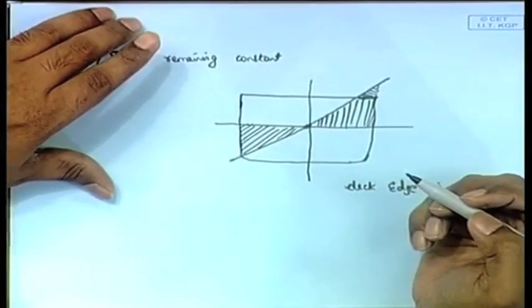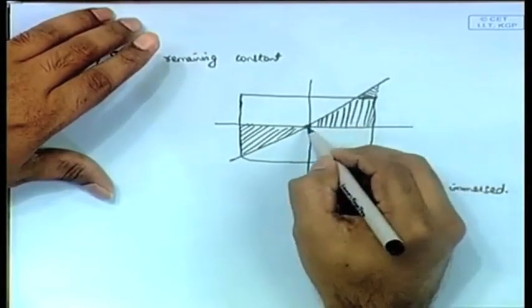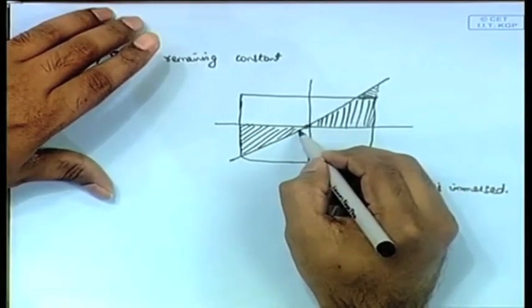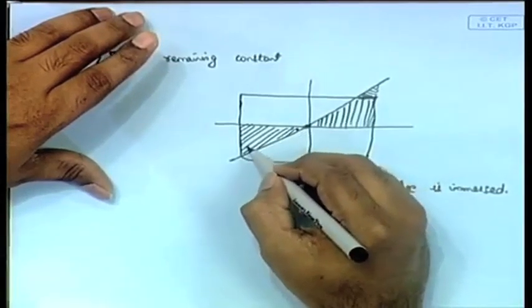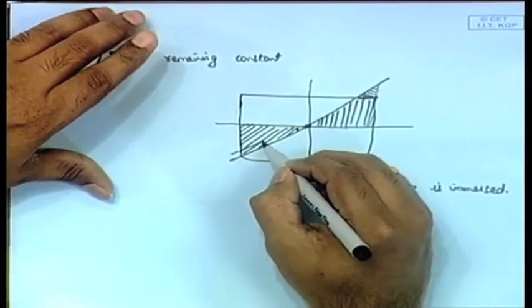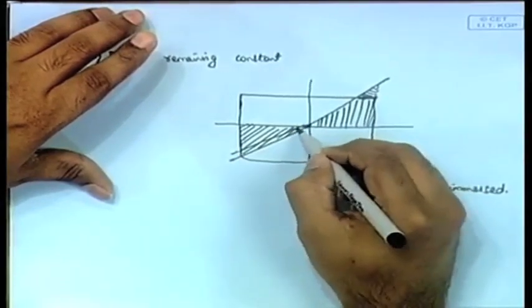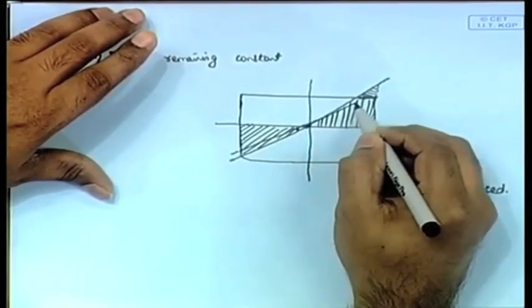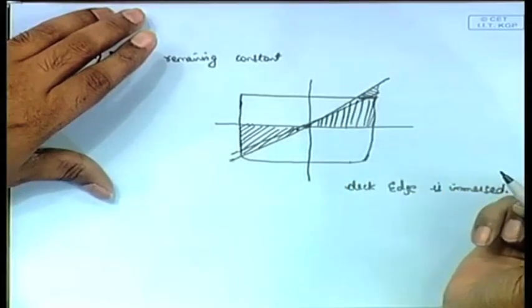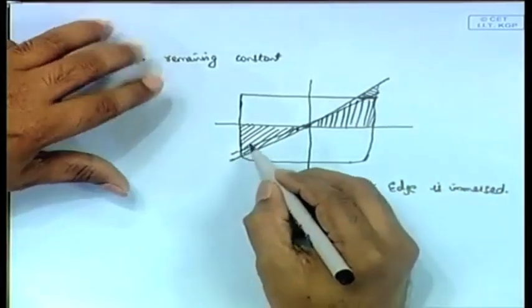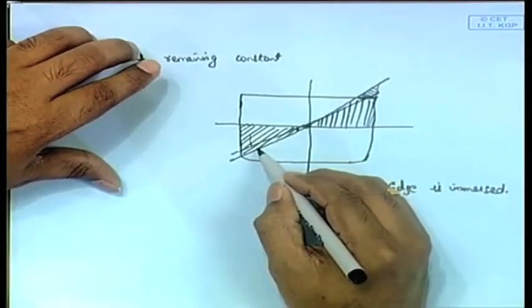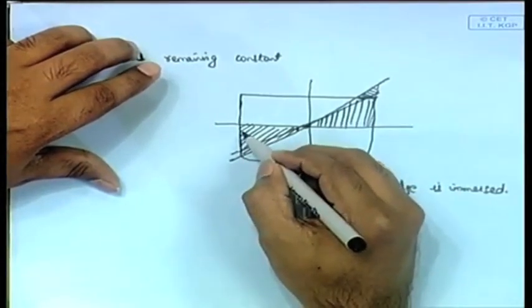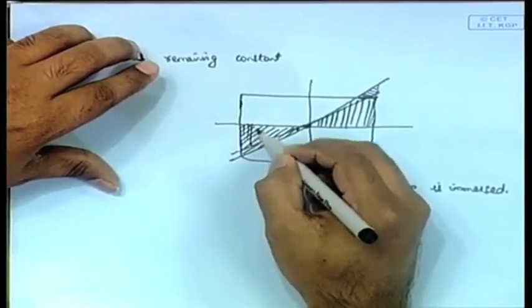This can be done if, suppose I assume that it is heeling not about this point, but about some point here, then it becomes like this. Okay. Now, what has happened? We had this volume greater than this volume, but this volume is now reduced a bit.